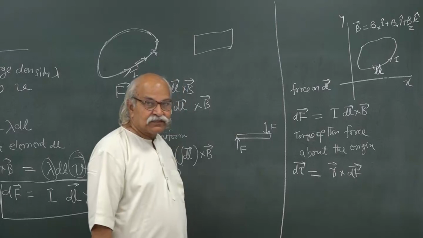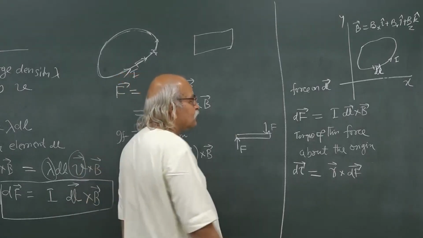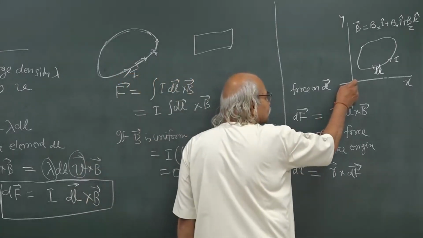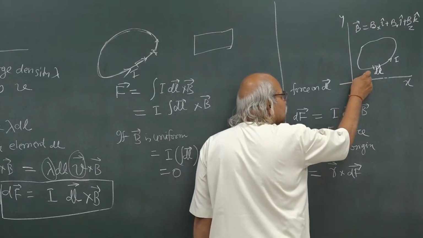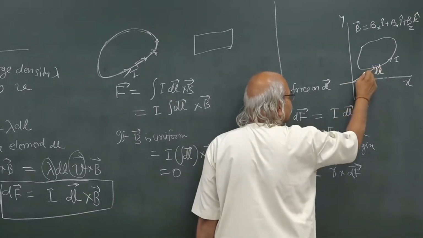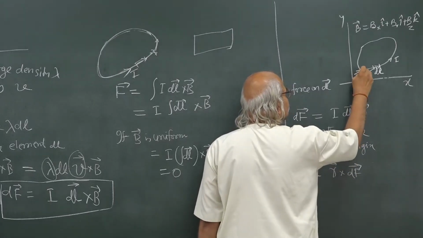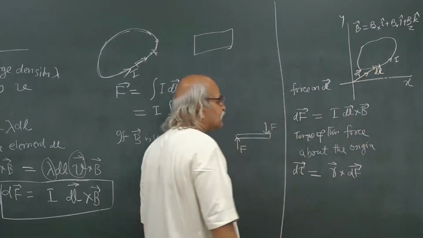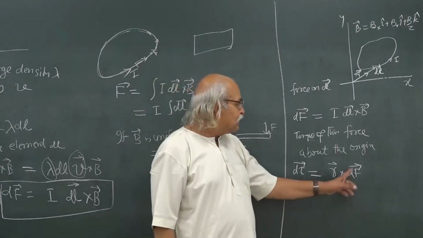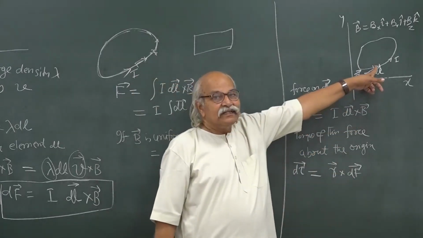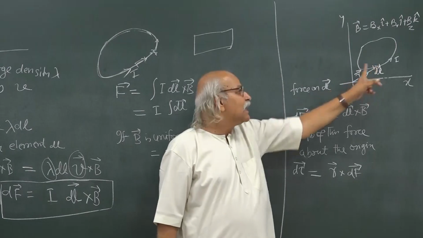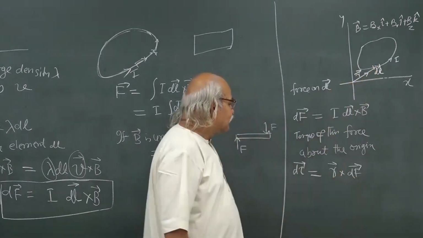That is the definition of the torque. And what is this r? From the origin to that object on which the torque is being calculated. So, this vector is the r vector, a position vector, and this dF is the force which is acting on this element at the position r.